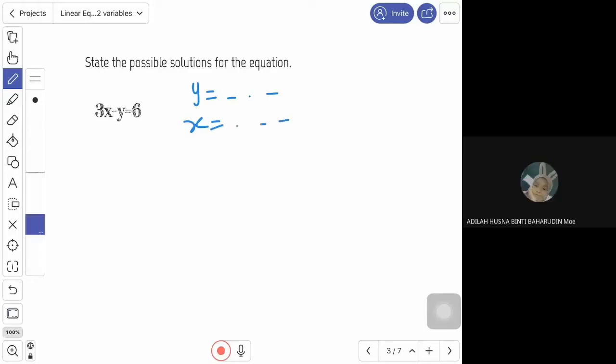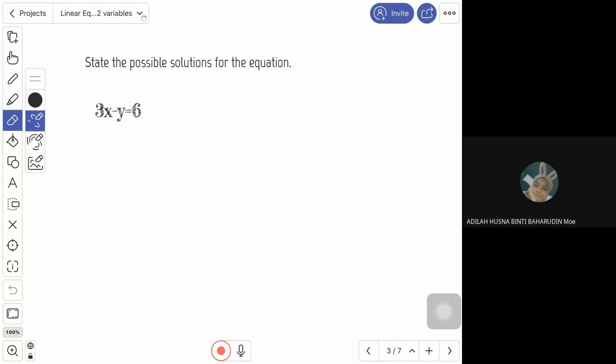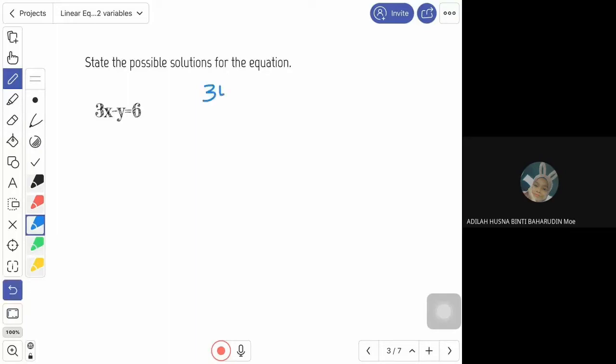Yes. Okay. Alright, so in our case, we have 3x minus y equals to 6. Now, sebab y tu dah single, dia seorang je kan, sorry, bukan tak ada variable, tak ada coefficient.